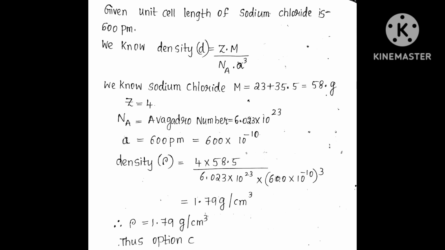Whereas what are line defects? Point defect, I told you, is due to the deviation from the ideal arrangement around a point or an atom. What are line defects? Line defects are irregularities due to deviations from the ideal arrangement in entire rows of lattice points, not around one atom.